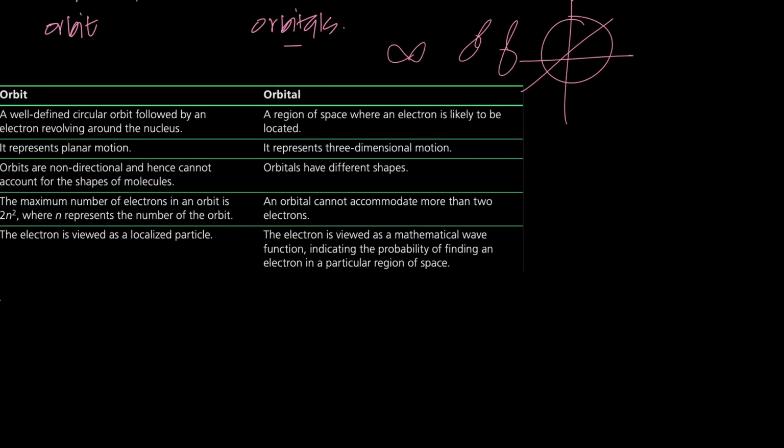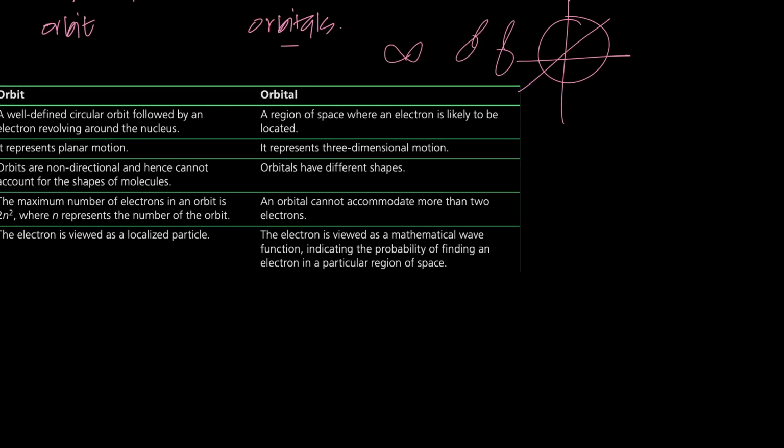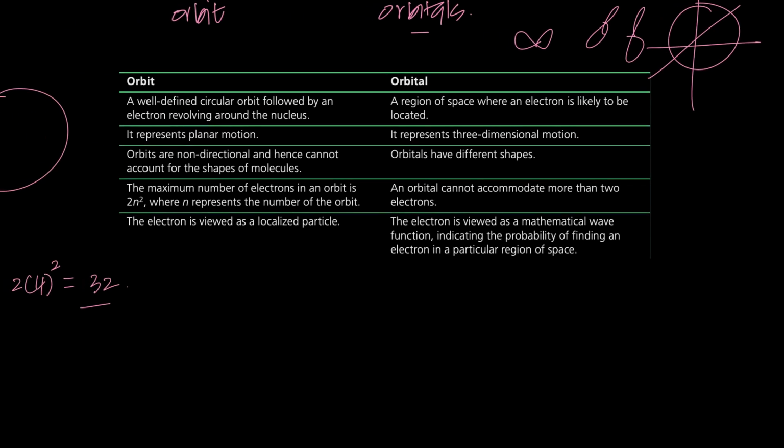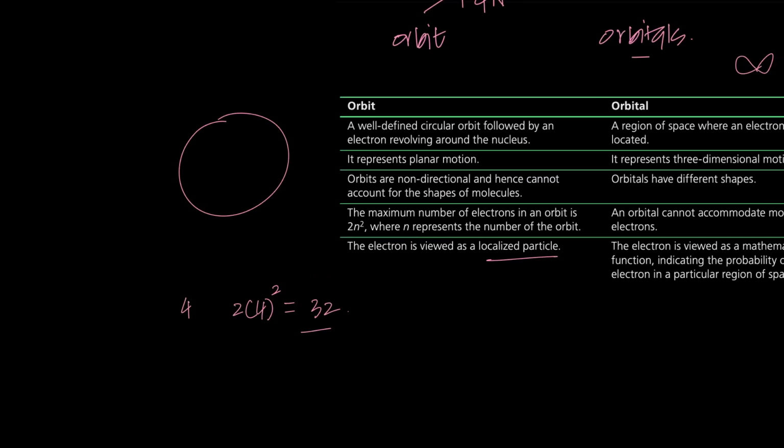It's the same thing. And for an orbital, it can't accommodate more than 2 electrons, and the electron is viewed as a localized particle. Localized means that when we used to draw electrons in O levels and IGCSE, we showed them in these shells. That gave the impression that the electrons follow a circular path.